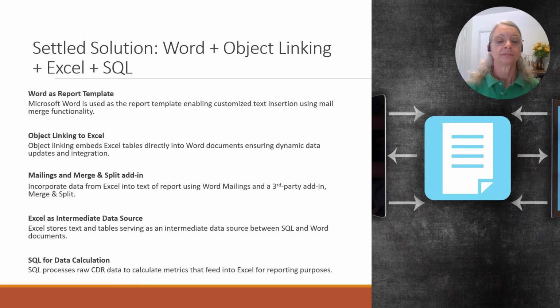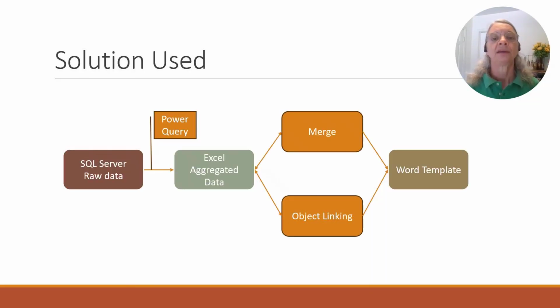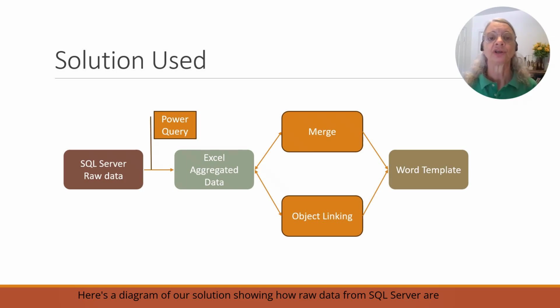Here's a diagram of our solution, showing how raw data from SQL Server are aggregated, generating statistics for each set of collections, which are then imported into an Excel file using Power Query.